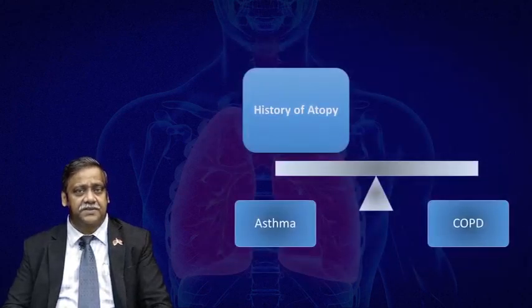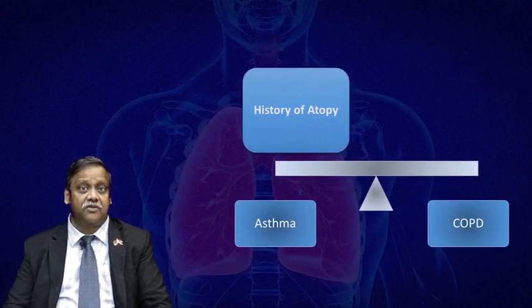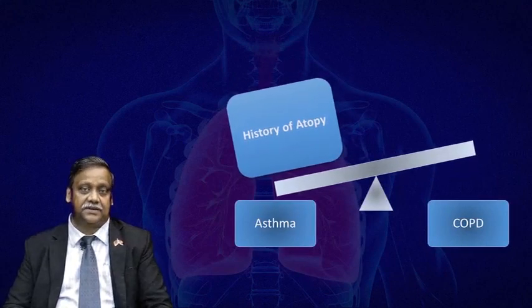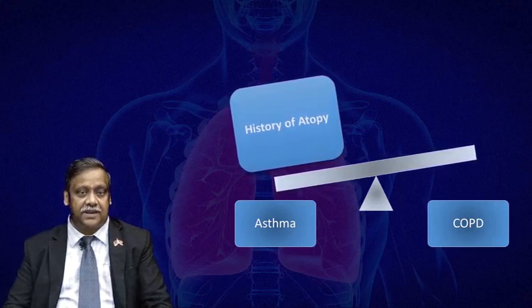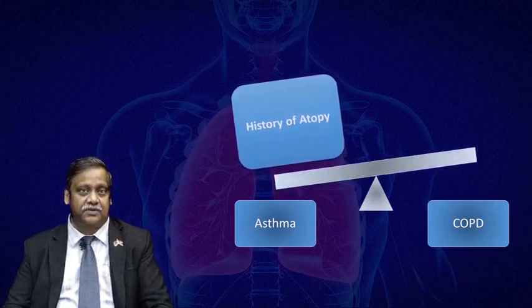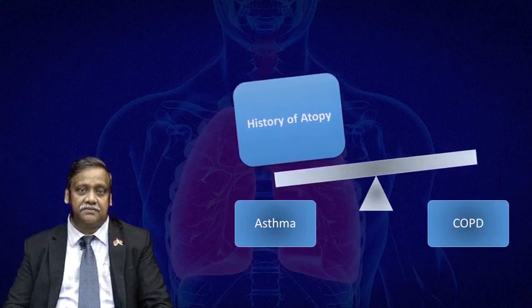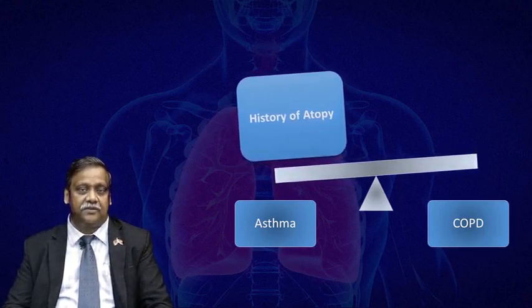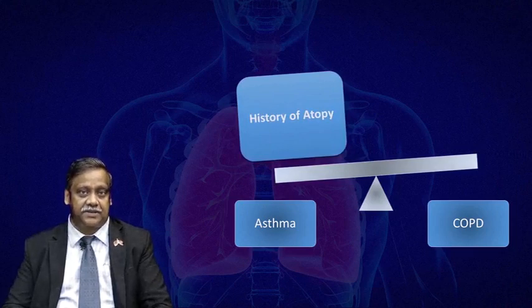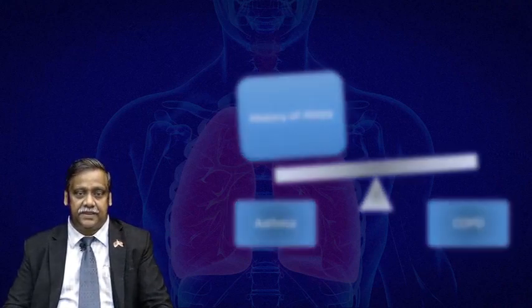If there is a past history of any of these, then you know that this patient is now more likely to have asthma than COPD. A combination of all these ailments, asthma, allergic rhinitis, rhinoconjunctivitis, eczema, migraine, is called atopy. So if your patient has a past history of atopy, then the symptoms that he has come with today are likely to be due to underlying asthma rather than COPD.